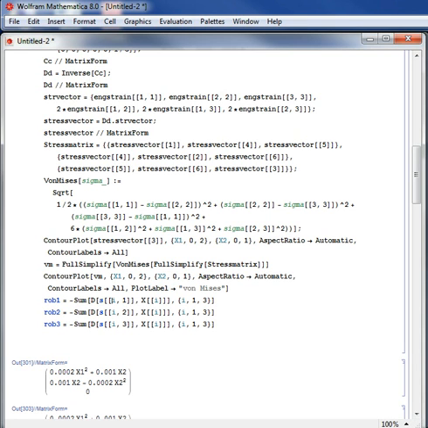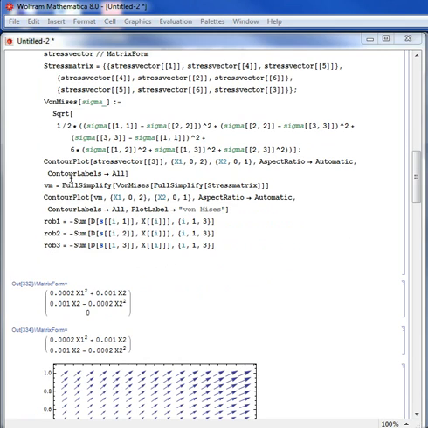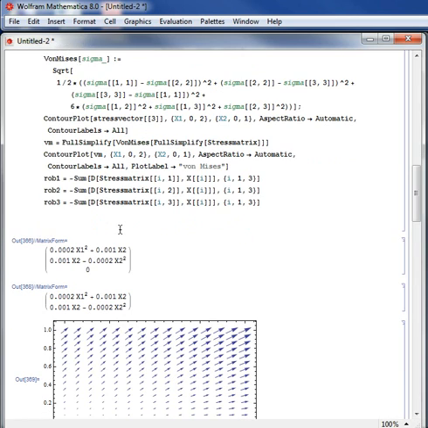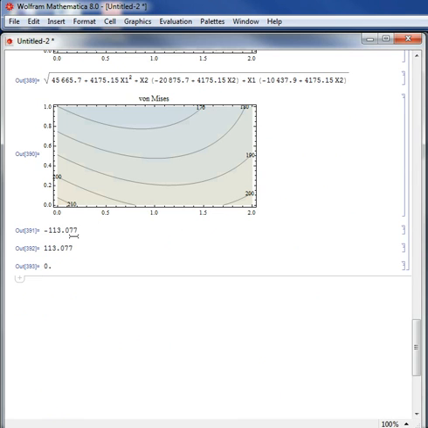Takes partial sigma i1 by partial xi when i goes from 1 to 3. Rho B2 is the same, but instead of partial sigma i1, it's partial sigma i2. And rho B3 is partial sigma i3 instead of partial sigma i2. But don't forget that for this particular problem, we're using the stress matrix, not S. So the value is called the stress matrix. Shift enter, and here are the three values of the body forces.